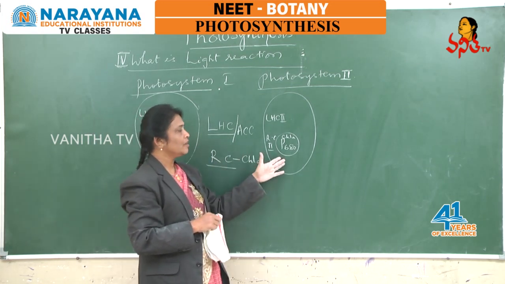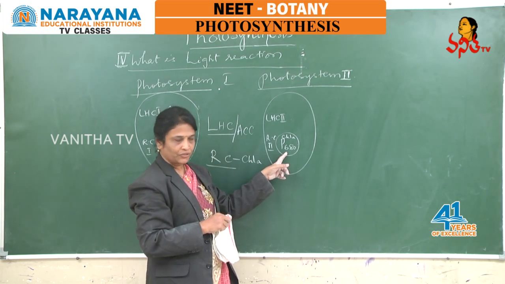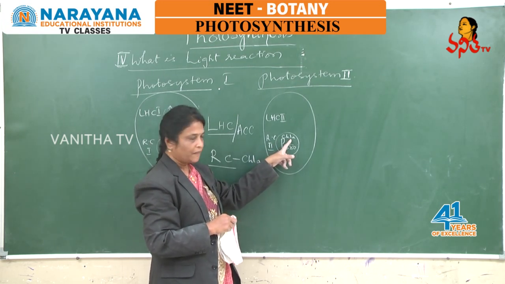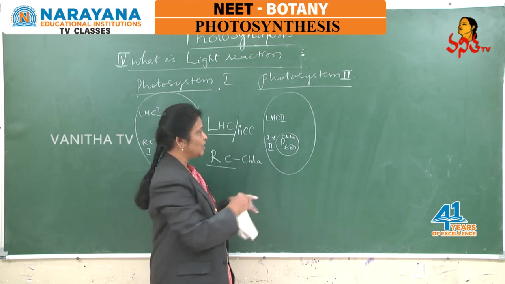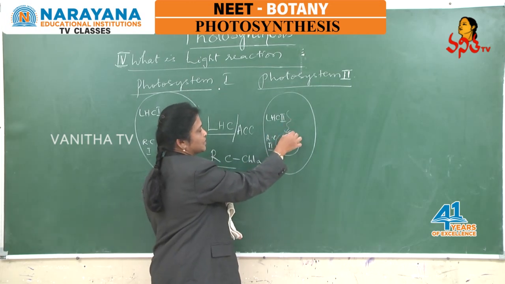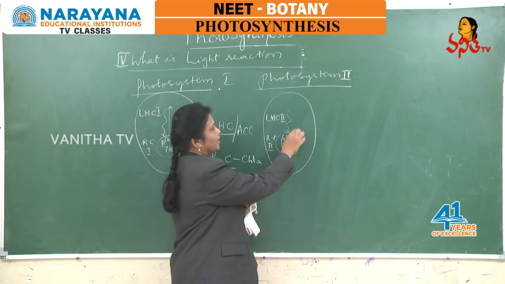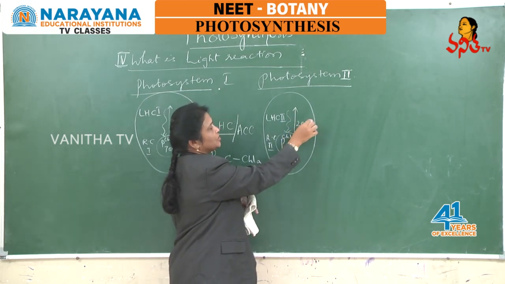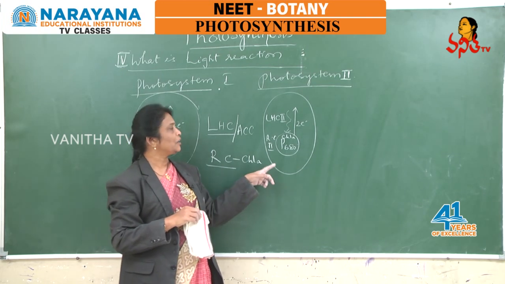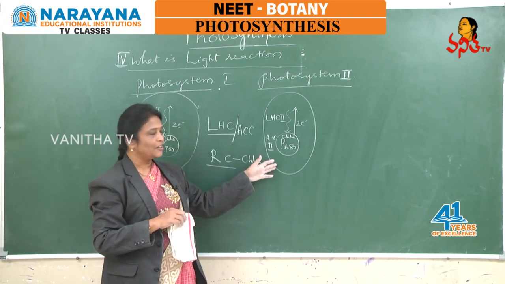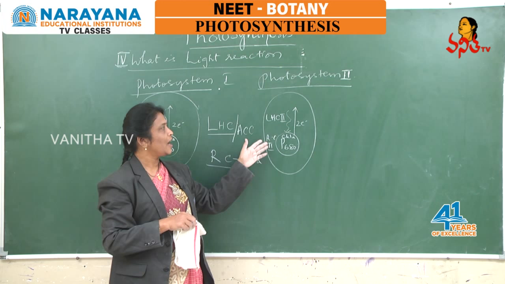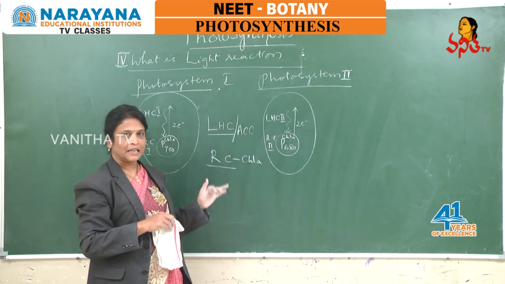And in the same way, the reaction center pigment of photosystem 2, that is a single chlorophyll A molecule of P680, whose absorption maxima is 680, absorbs shorter wavelength and gets excited and liberates electrons, and such electrons are involved in electron transport, particularly non-cyclic electron transport, and in the synthesis of assimilatory power.